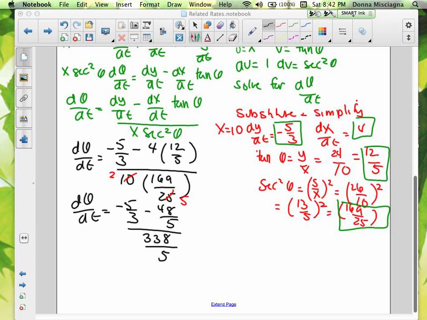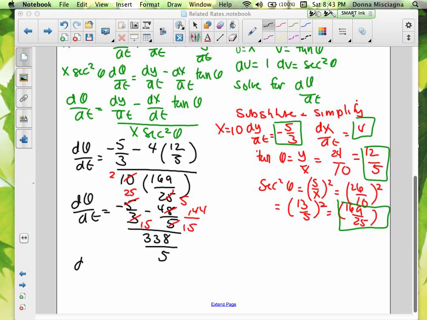All right, let's change these so we can actually subtract them. I'm going to change this to have a denominator of 15, which means we need to change the numerator to 25. And now this will be 15. And 3 times 48 is going to be 144.